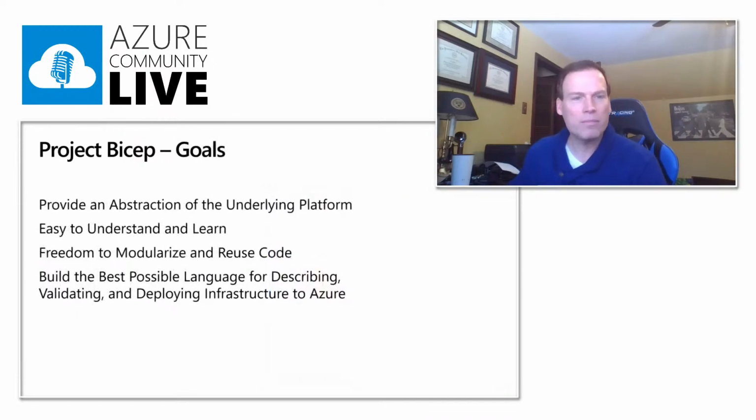So the goals of Project Bicep are that abstraction layer over the underlying platform so that people can pick it up and learn it much easier. Also, reuse of code and modularization are key, so we're not copying and repeating the same code over and over again.